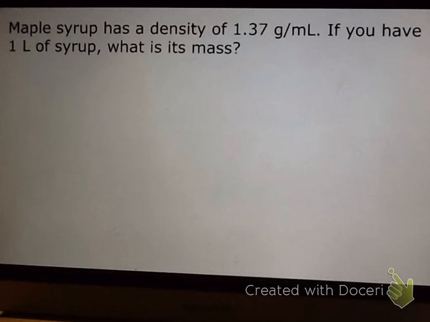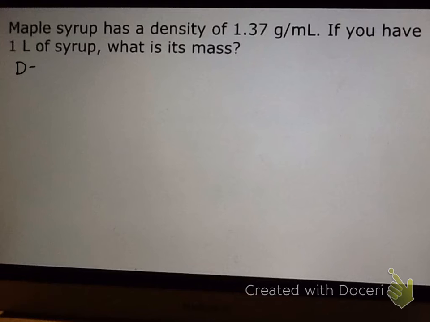So the next substance we're looking at is a substance that's near and dear to my heart. It's maple syrup. And we know that maple syrup has a density of 1 37/100ths of a gram per milliliter. You have 1 liter of syrup, and your challenge is to find its mass. So again, we're going to start by writing out what we know.